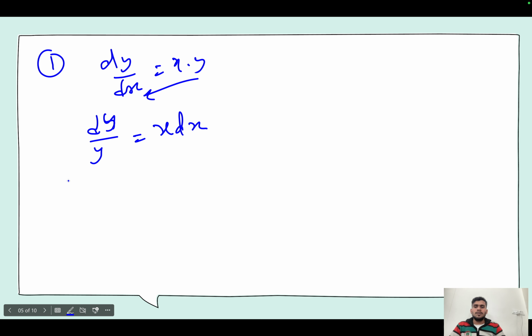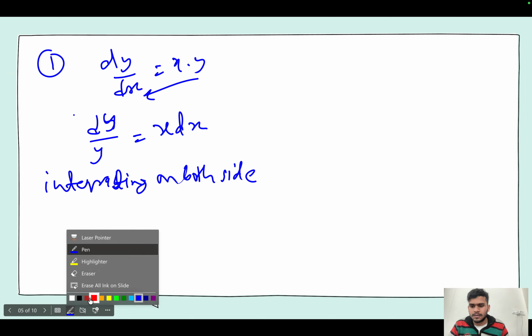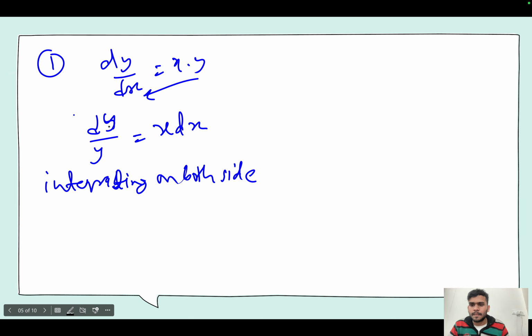Now integrate both sides. So it becomes the integration of dy by y is equal to the integration of x into dx.